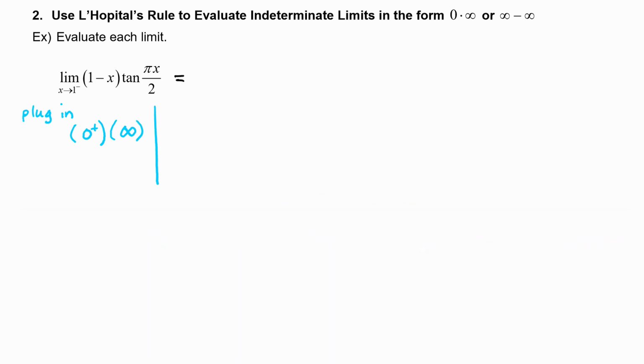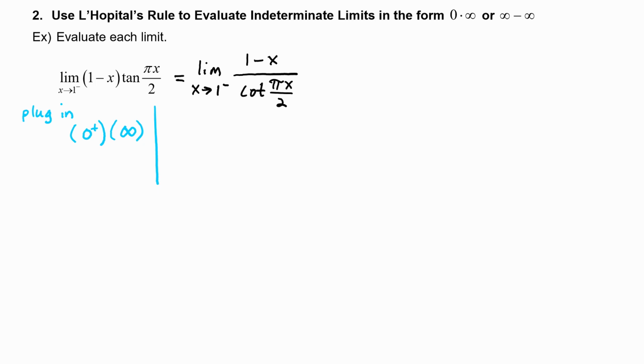Now, if we rewrite this as the limit as x approaches 1 from the left of 1 minus x, and what I'm going to do is take that tangent and move it to the denominator so that it becomes cotangent. The argument would still be pi x over 2.